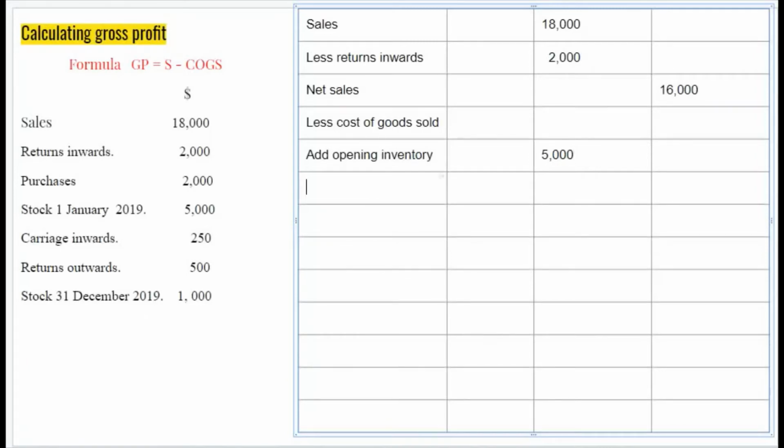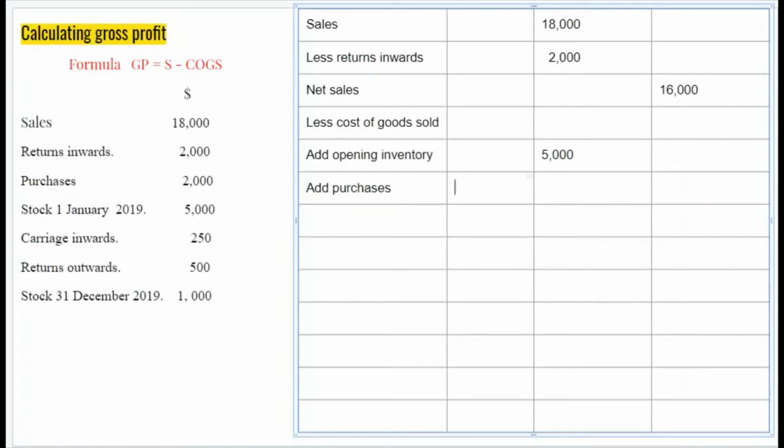into consideration our calculation. So we're going to add purchases. We're going to use up the first column here because we have some amount of calculation to do, because return outwards is where the business returns the goods to the supplier. Once you return the goods to the supplier, this will decrease the purchases, it reduces purchases, so we have to subtract it.